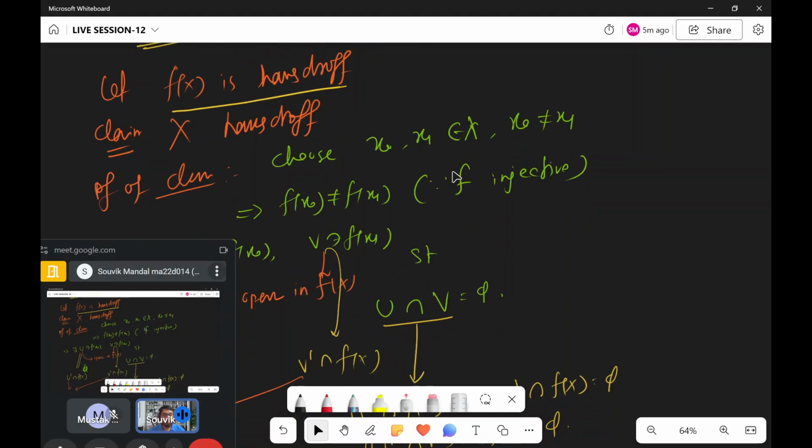But we claim that if this f of X is Hausdorff, this will imply that X will be Hausdorff. But this should not be the case according to the hypothesis. So now we are going to prove that X is Hausdorff. In order to show something is Hausdorff, we choose 2 points x naught and x1 such that x naught is not equal to x1, and f of x naught is not equal to f of x1 since f is injective.